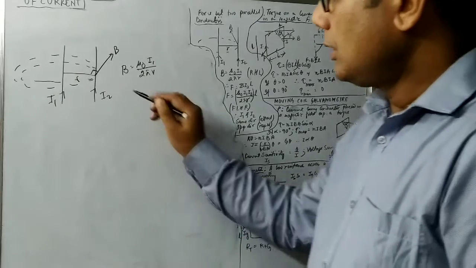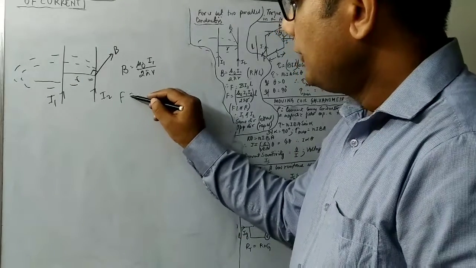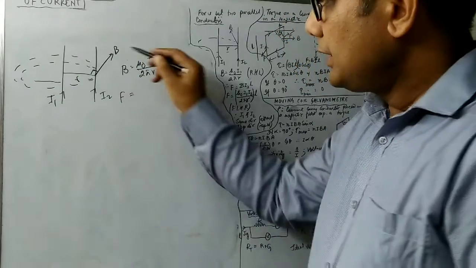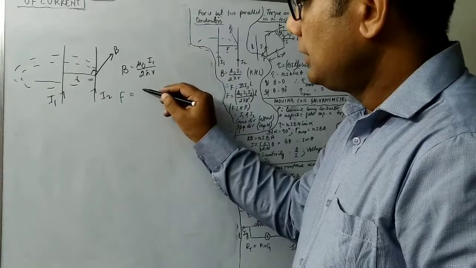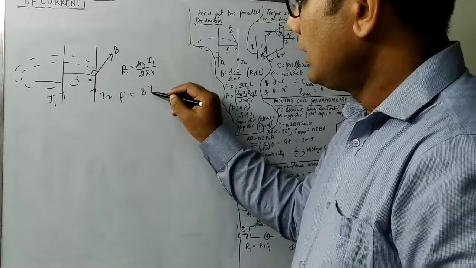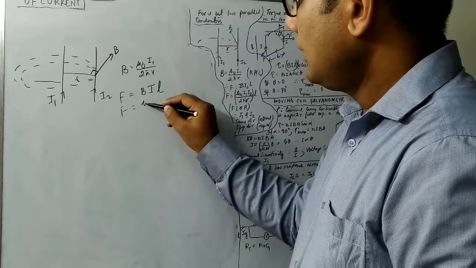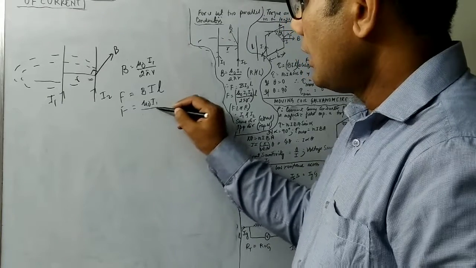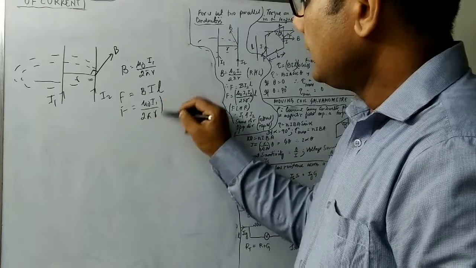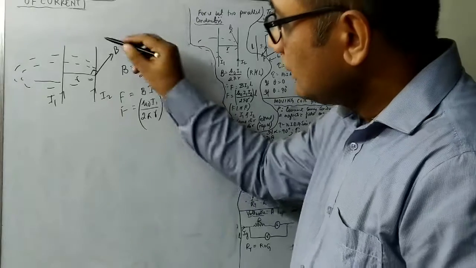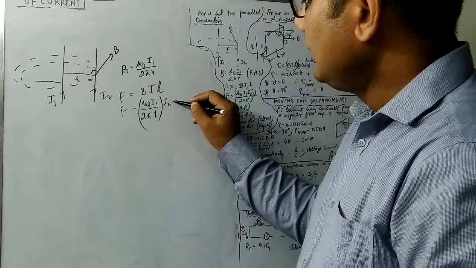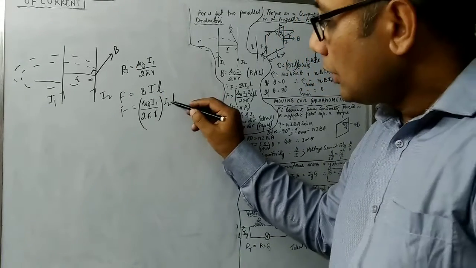Now we just now found out that if a current carrying conductor is placed in a magnetic field, it will experience a force. What is the force? BIL. So what is the magnetic field here? mu0 I1 by 2 pi r. This I is due to the second wire, I2, into L. What is L?